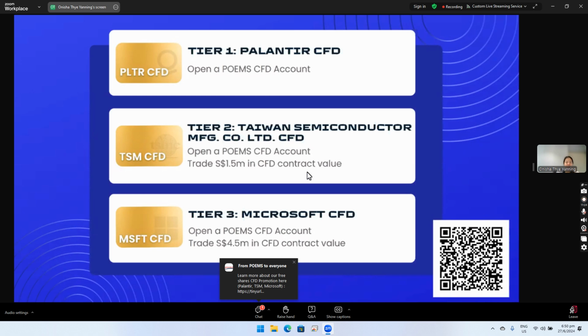You do not get both, because you only get one share depending on the tier you hit. If you hit tier 2, you only get the Taiwan Semiconductor share and not Palantir. You can scan this QR code to know more about it.